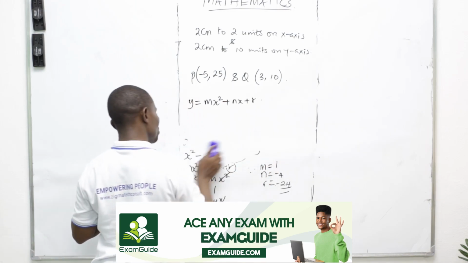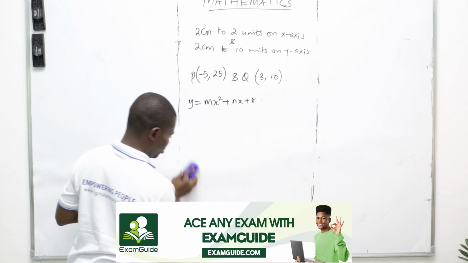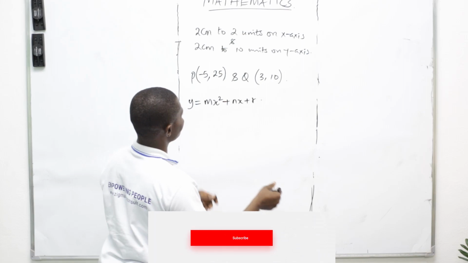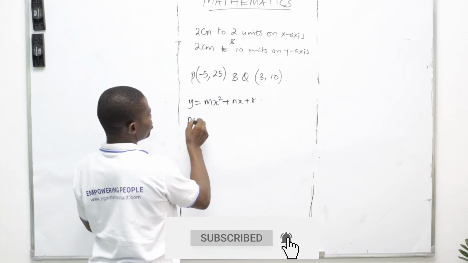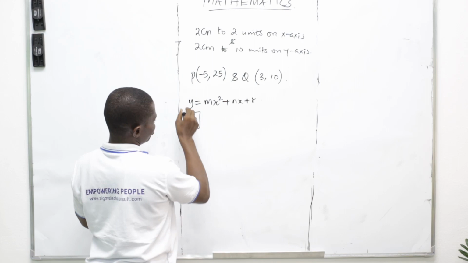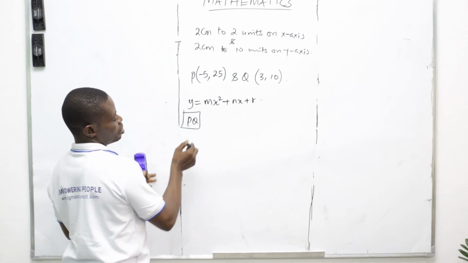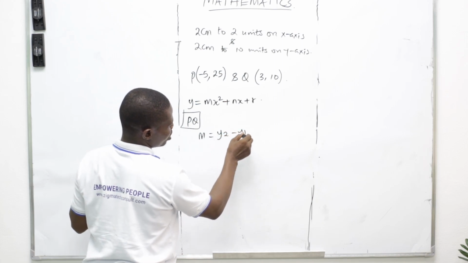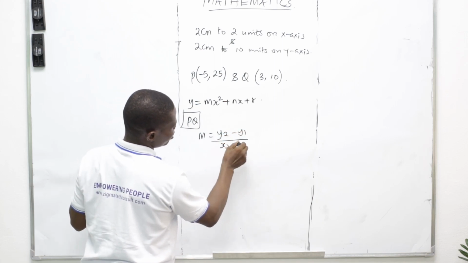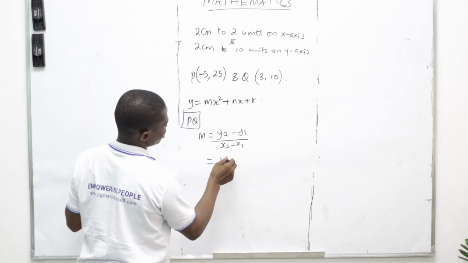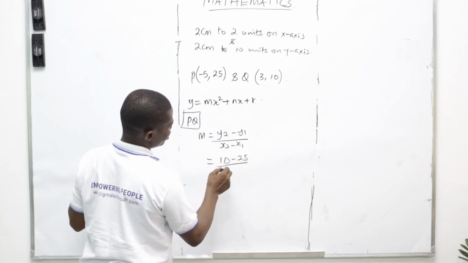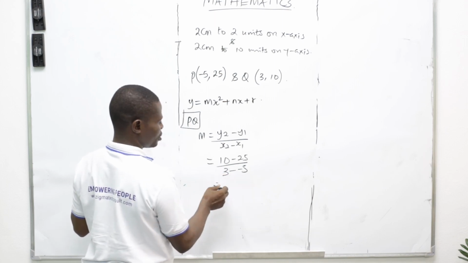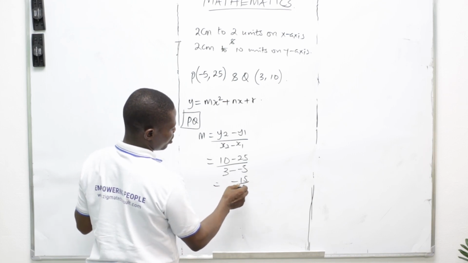We must redo it again by saying that from the values we have on P and Q as this, PQ given elements, m, which is gradient, equals what? y2 minus y1 all over x2 minus x1. y2 is who? 10 minus 25. x2 is 3 plus 5, that is minus 15 all over 8.